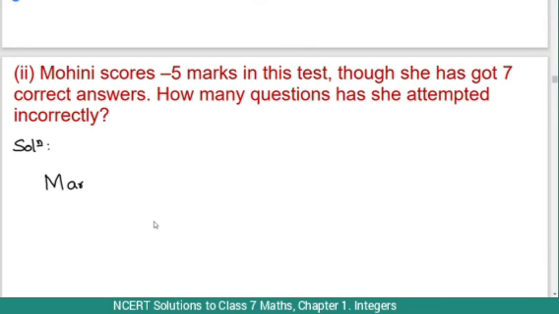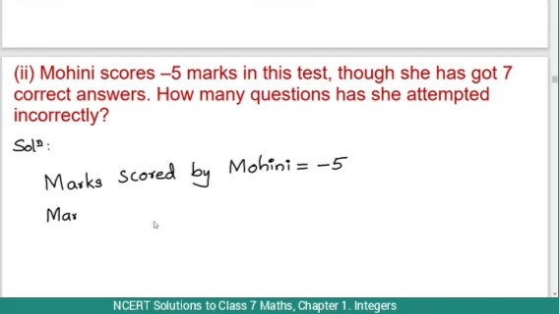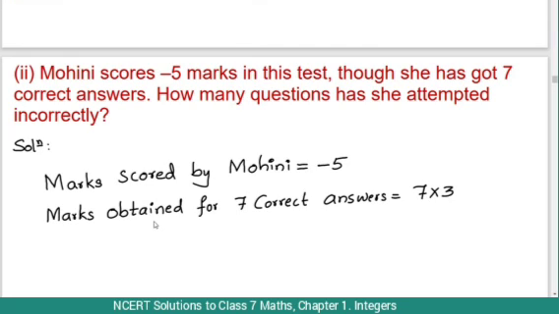Marks scored by Mohini is given as minus 5. And she attempted 7 correct answers. Means marks obtained for 7 correct answers is 7 into 3, that is 21.